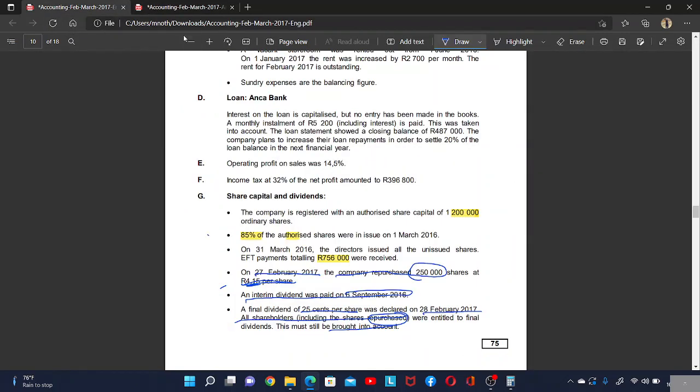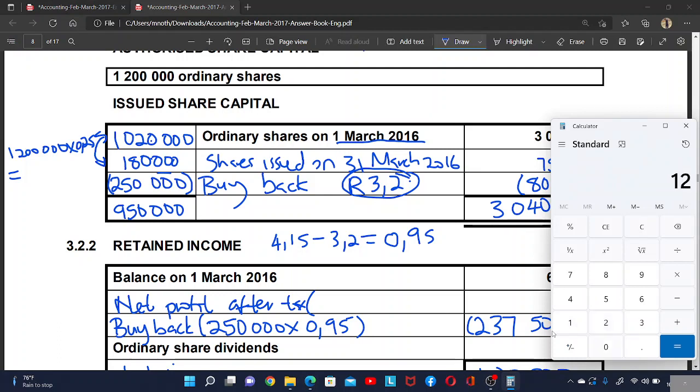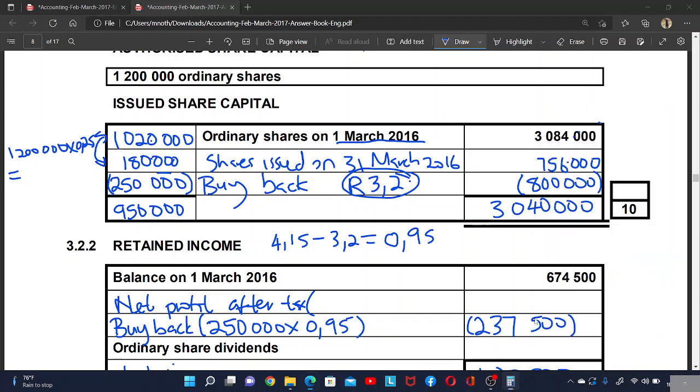So 1,200,000 times 0.25, because it's 25 cents, is equal to 300,000. These are the final dividends.